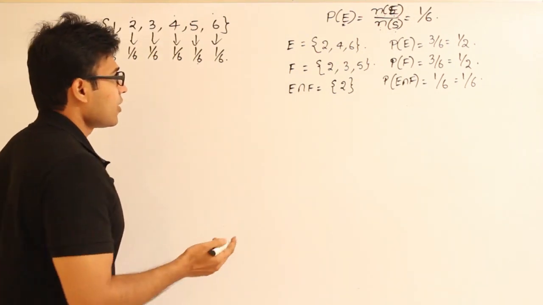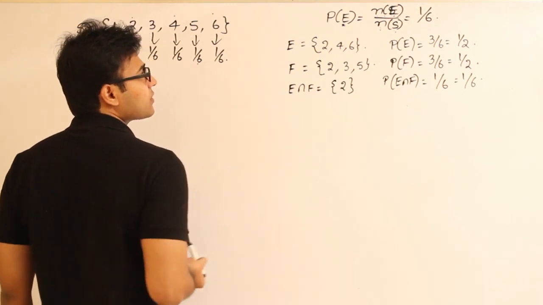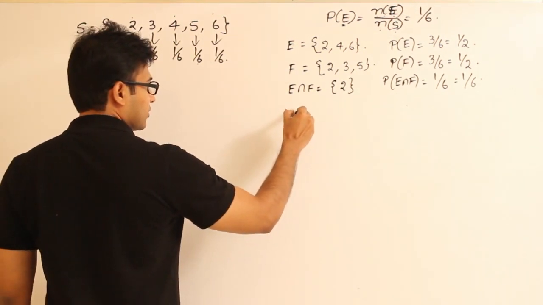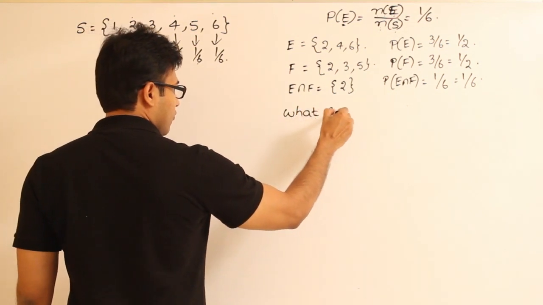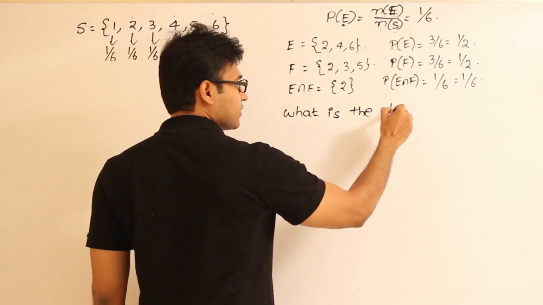Let us say they already told you that the output is an even number. Okay, the question is like this: the words are very important here, that is why I am writing.